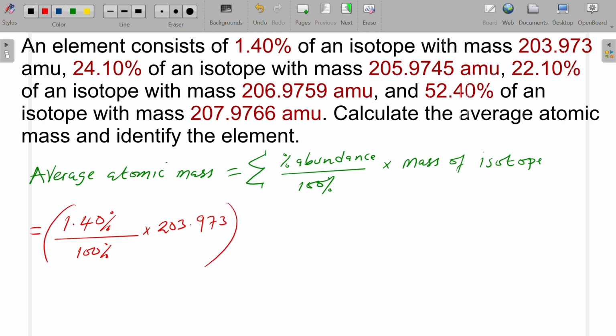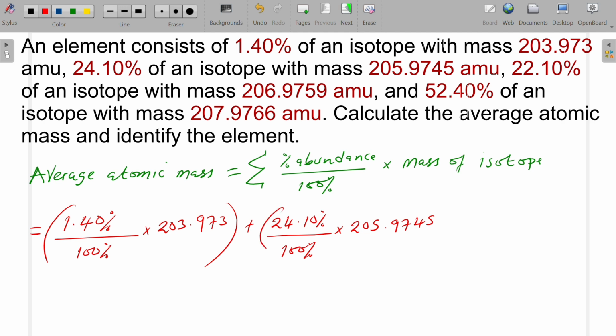This whole thing will be added to the next one, which is 24.10% divided also by 100%, multiplied by its mass, which is 205.9745.